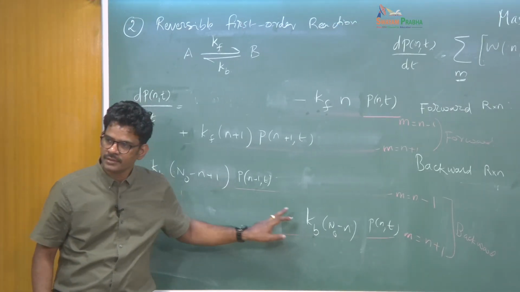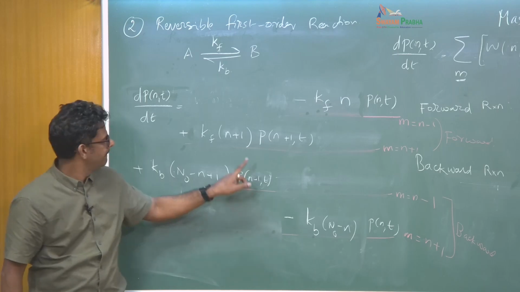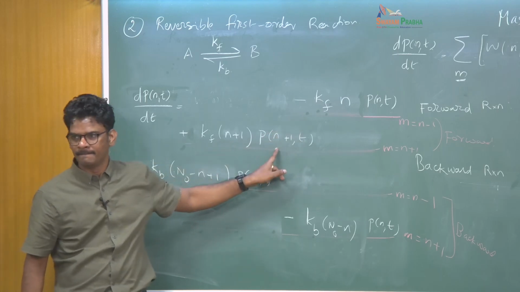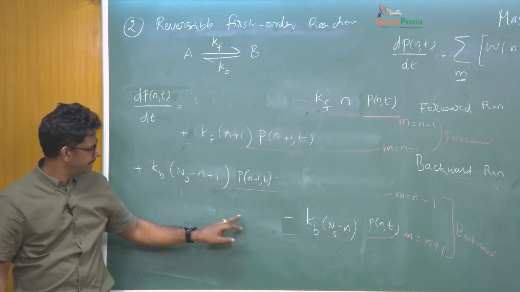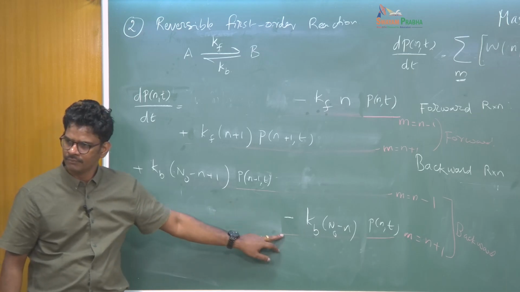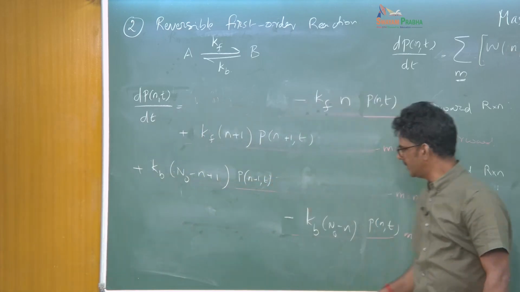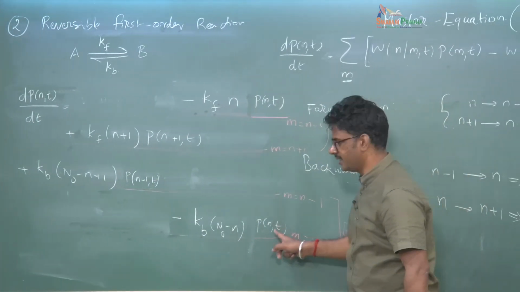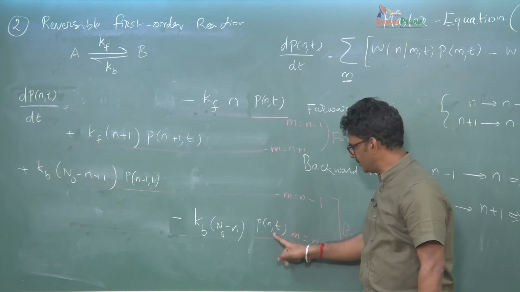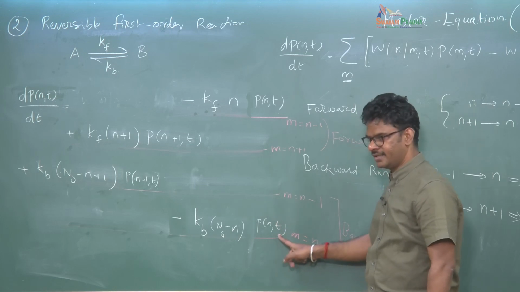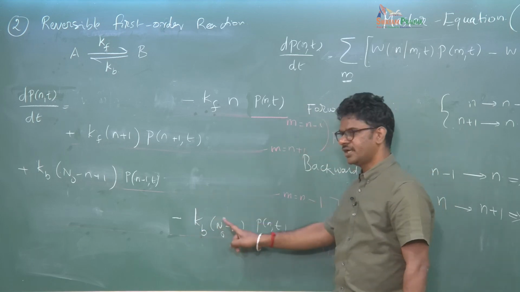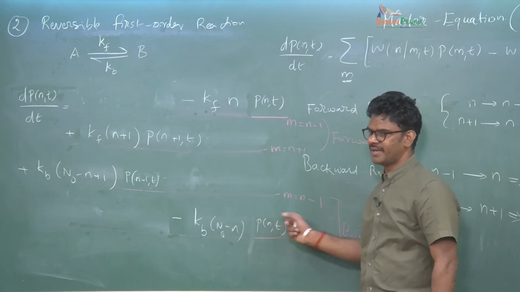Last 2 terms should be... no, we are still looking at the probability of finding n. Being at state n, the rate is dependent on only the number of molecules of B, because it's a backward reaction.